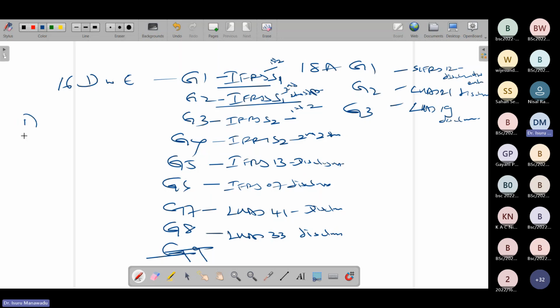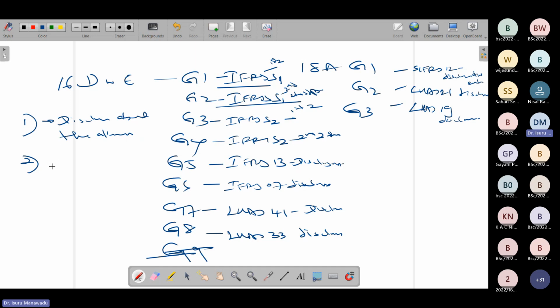What you need to do is discuss about the allocation, the disclosures. What are the disclosures as per the standard, right?